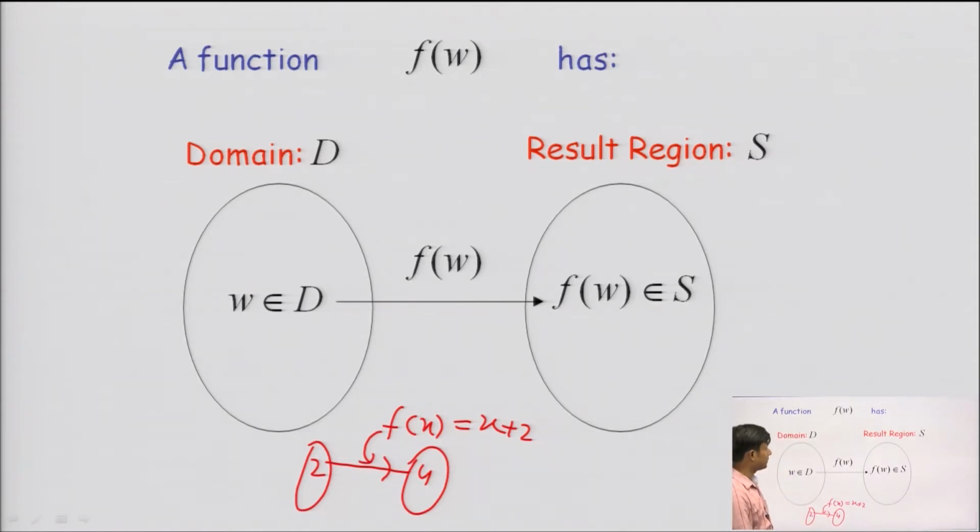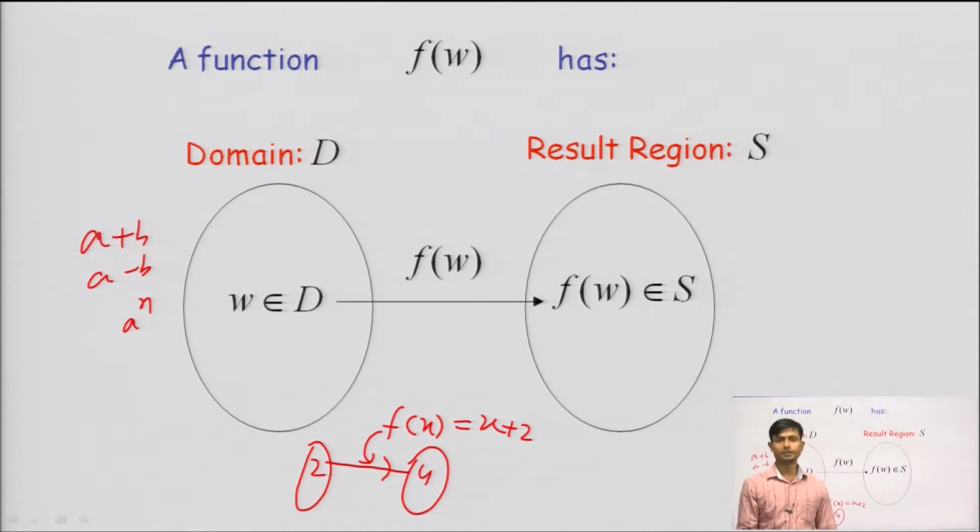So how to design this using a Turing machine? This is a little bit complicated. Whatever operations you have, like addition, a plus b, a minus b, or finding a to the power n, many functions can be computed, and whatever computing function there is can be designed by Turing machines.